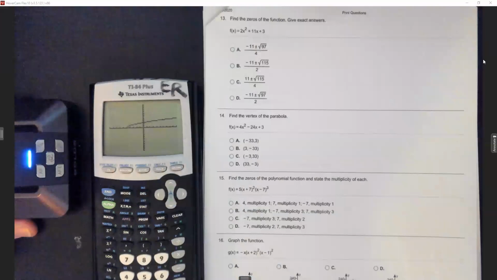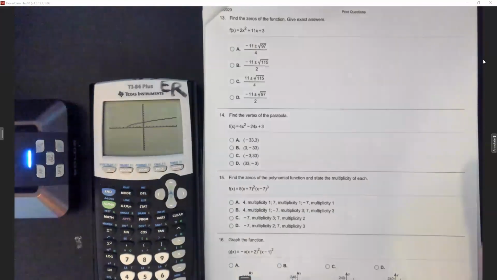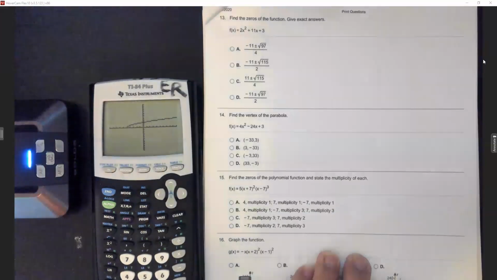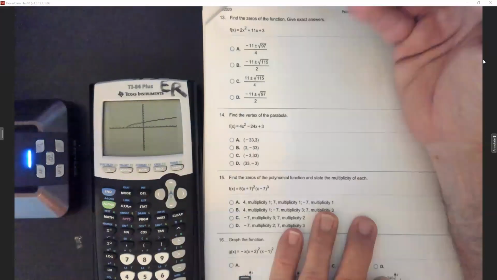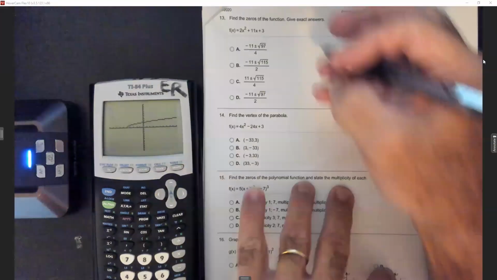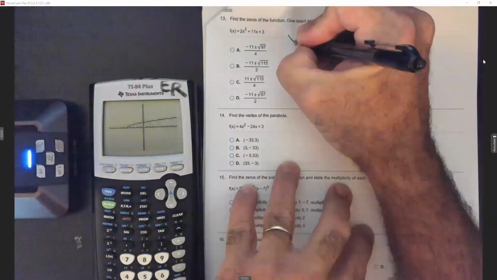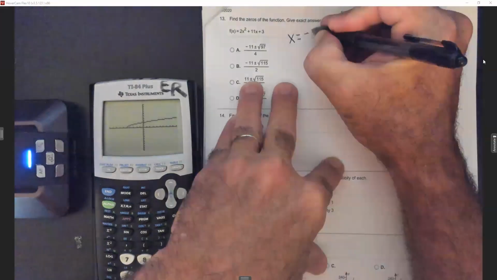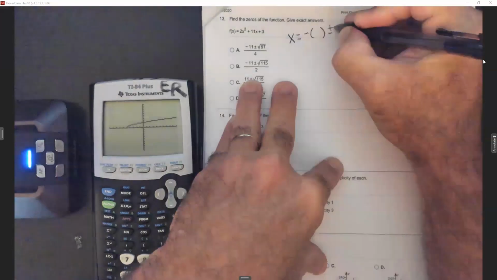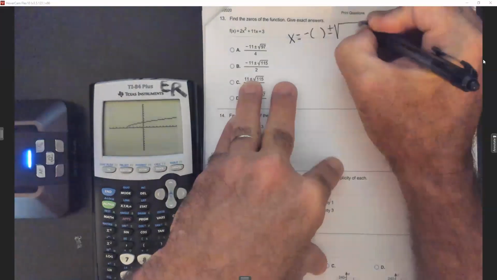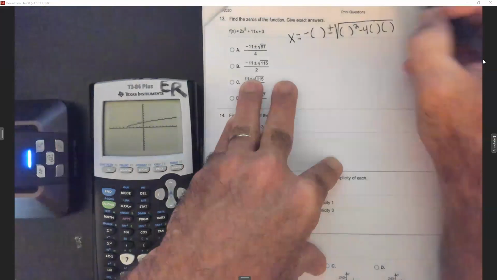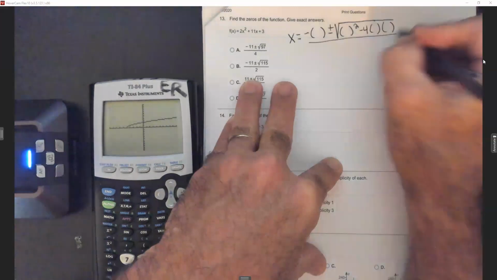Find the zeros of the function. Well, you see all these answers got a radical in them, so I'm pretty sure we're going to knock this out with the quadratic formula, which says x equals negative b plus or minus the square root of b squared minus 4 times a times c, all of that over 2 times a.